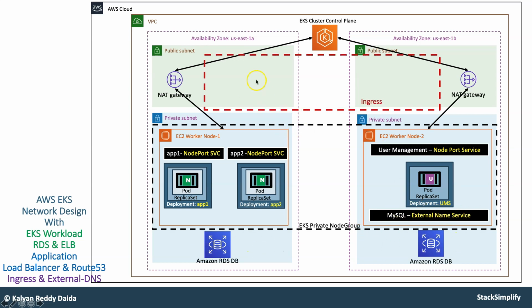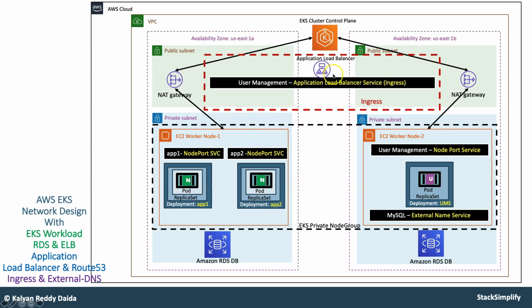RDS databases. Once your worker nodes and workloads are completed, you are also going to provision your ingress manifest. This is from Kubernetes itself: you write that ingress manifest, run kubectl apply, and provision it. What features are available in this ingress manifest?